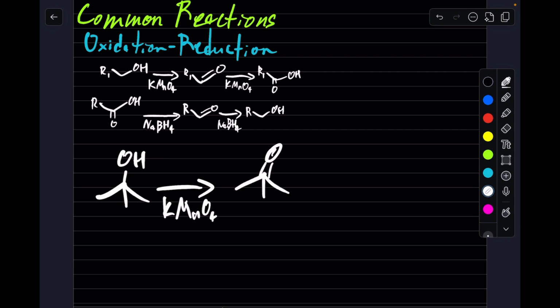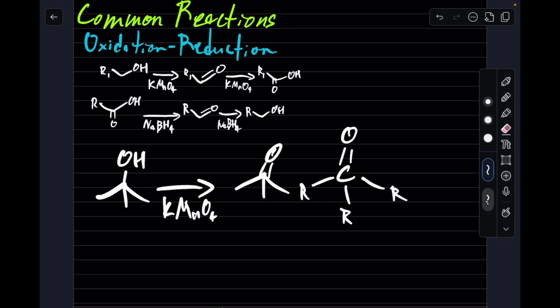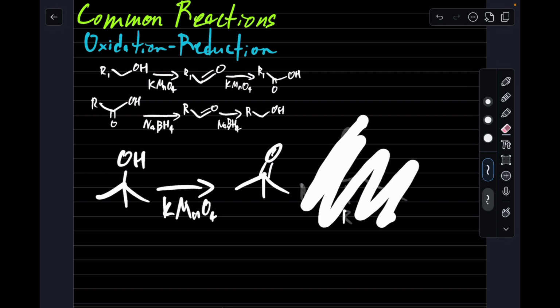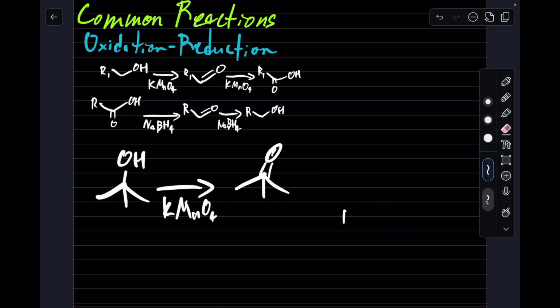See, you would get this thing, and this thing should not exist, because if you look at it, this carbon has 5 bonds, which should not exist. And that means tertiary alcohols cannot be oxidized to make a ketone.